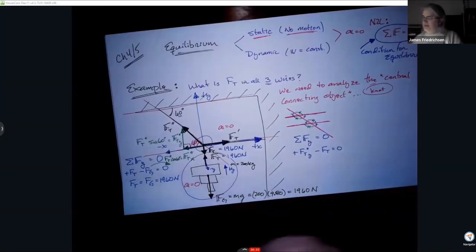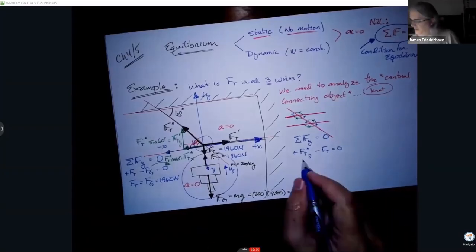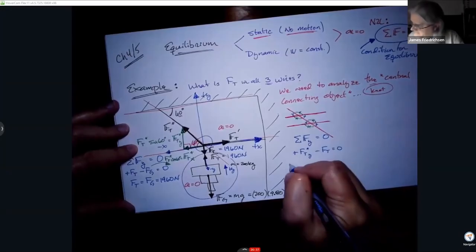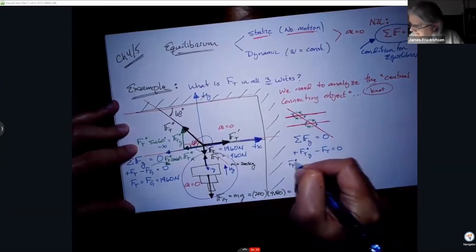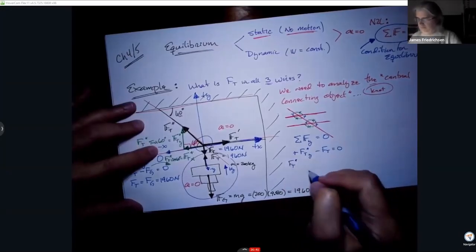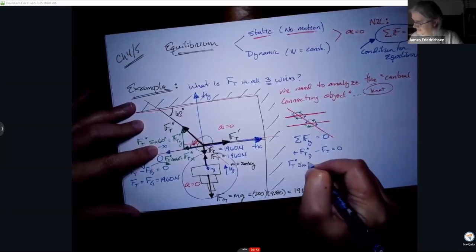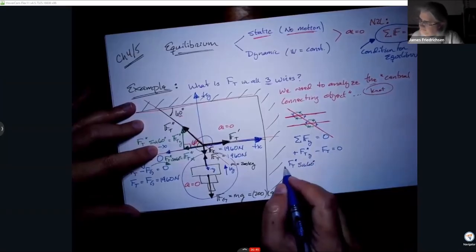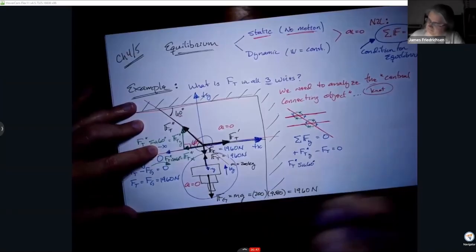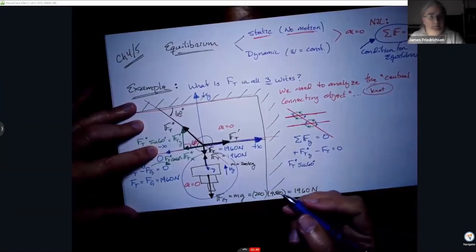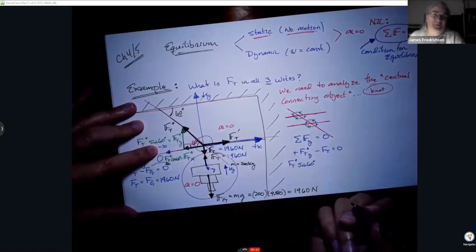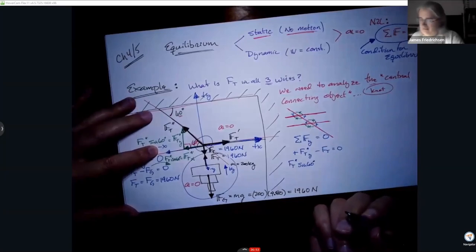On the next line, I'll write down the things that I know. Here I don't know the magnitude of ft double prime, and this is the sine of 60. I don't really have to write the plus sign because if you drop it, it's the same. That's usually why I start with the plus one, because I'm lazy like that.